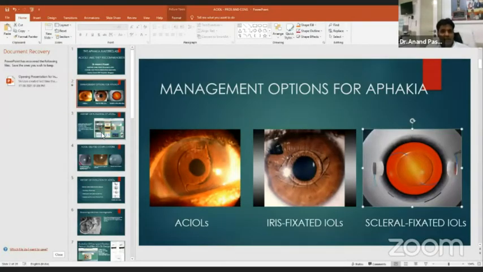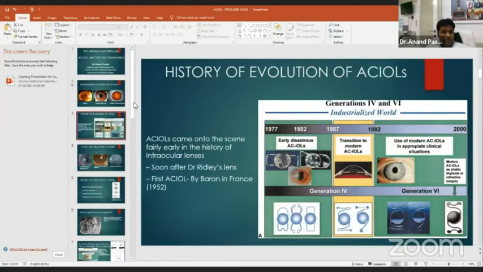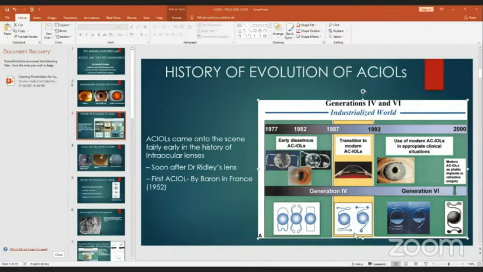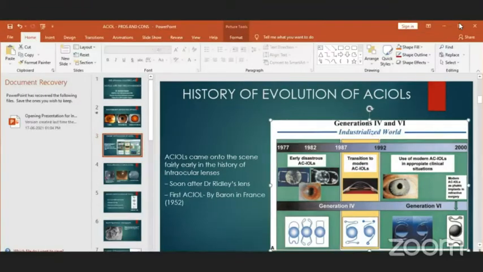And just a minute. I'll be sharing the PowerPoint presentation mode. Hope my slides are visible. Yes, sir. Slides are visible, but we are not in the presentation mode yet. Yes.